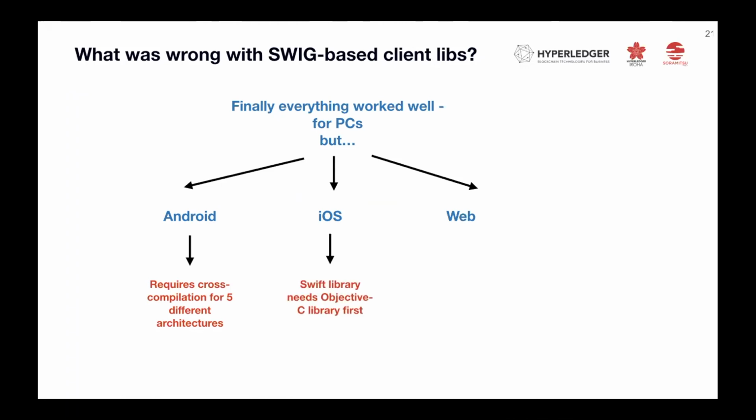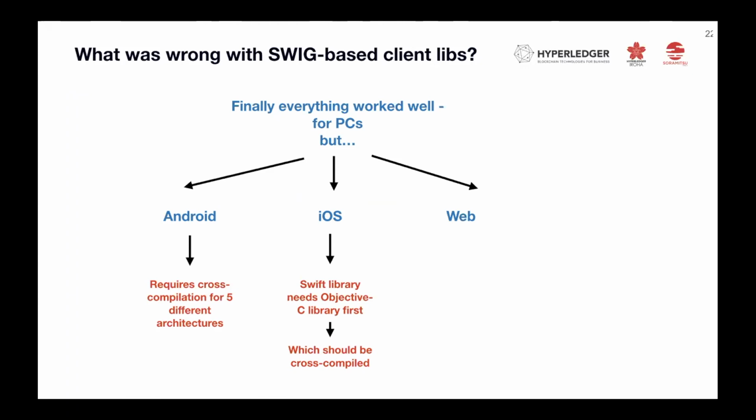For iOS, things were even more complicated, because for a Swift library we first needed an Objective-C library. Don't ask me why, it's not easy to answer, but for some reason, to make the Swift library work, we first had to make the Objective-C library work, and to make it work, you probably already got the idea: we should cross-compile our library.